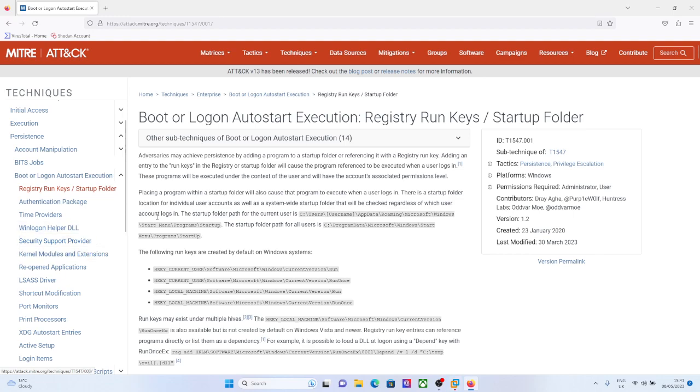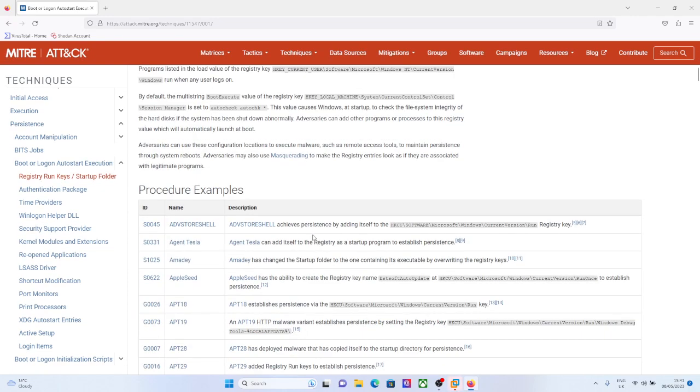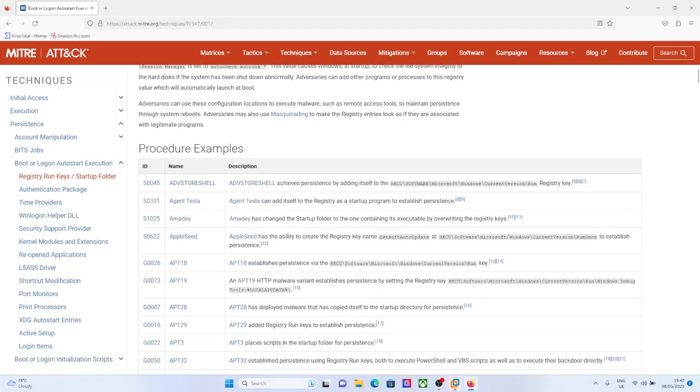For example, if it is a Windows environment, creating a registry run key will be a sub-technique of this boot or login autostart execution technique. So yeah, I know it is confusing, but TLDR: tactic is the ultimate goal, technique is how we achieve it, and sub-techniques provide more granular visibility. And when we say procedure, that means how we are implementing this technique or sub-technique.